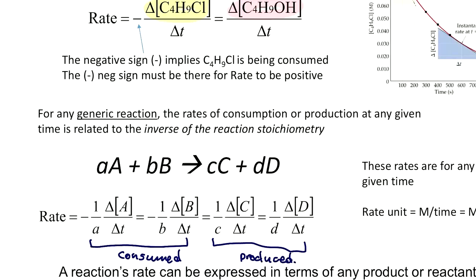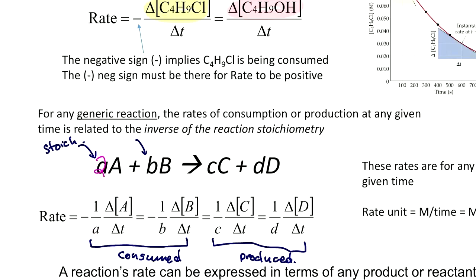What we can also see here is the stoichiometry, the little a, little b. If there is stoichiometry in your equation where it's not just a 1-to-1 ratio, any stoichiometry in your balanced equation ends up in the denominator of your rate equation.